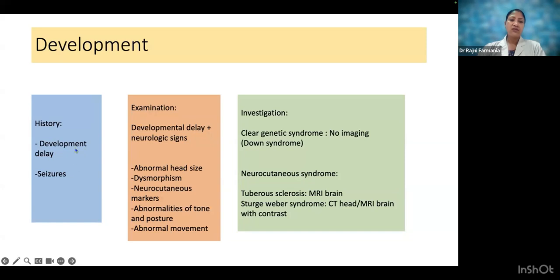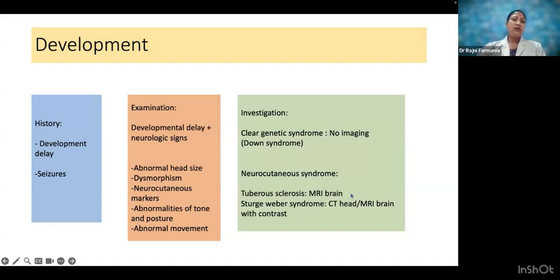So it is not just development; you want to examine very well to make a hypothesis or a provisional diagnosis. Now, if you have a clear genetic syndrome, you can see on the face it's a case of Down syndrome, and the child has delay in development, you will not order an MRI. You know that's a part of that genetic syndrome.